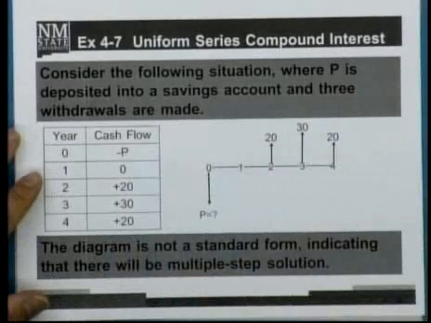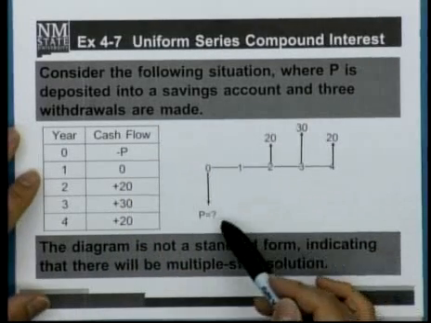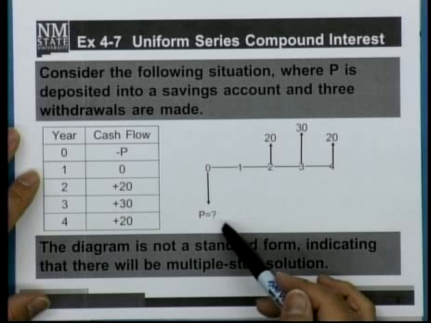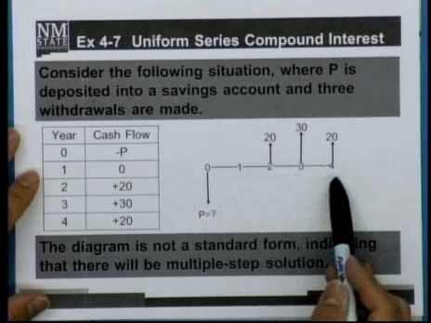So the first example for today is example 4-7 from our textbook. We consider this situation where P is deposited into a savings account and 3 withdrawals are made.